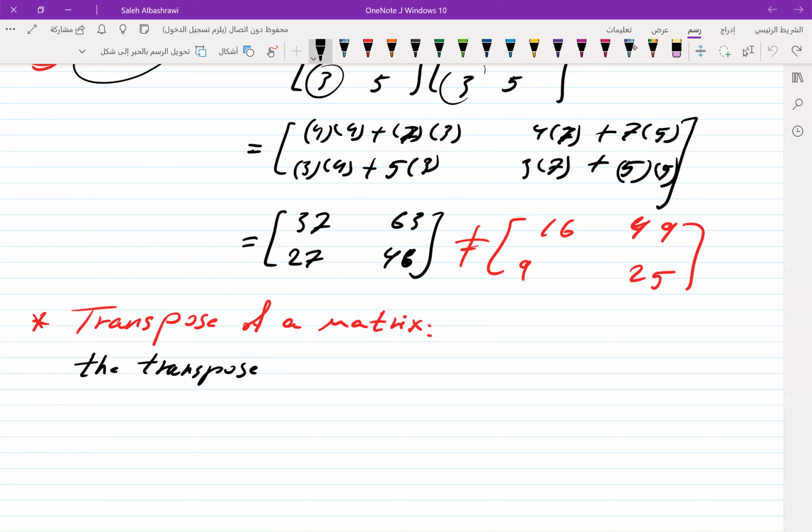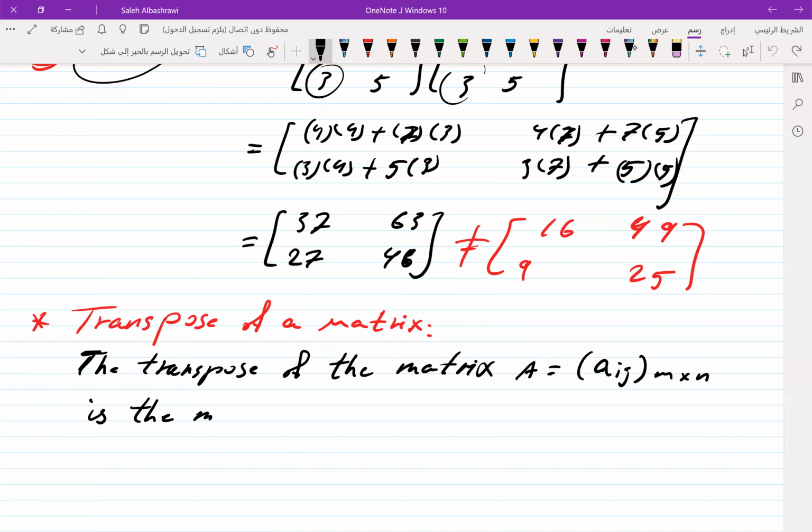The transpose of matrix A, given by A of size M by N, is the matrix N by M, and denoted by A T.